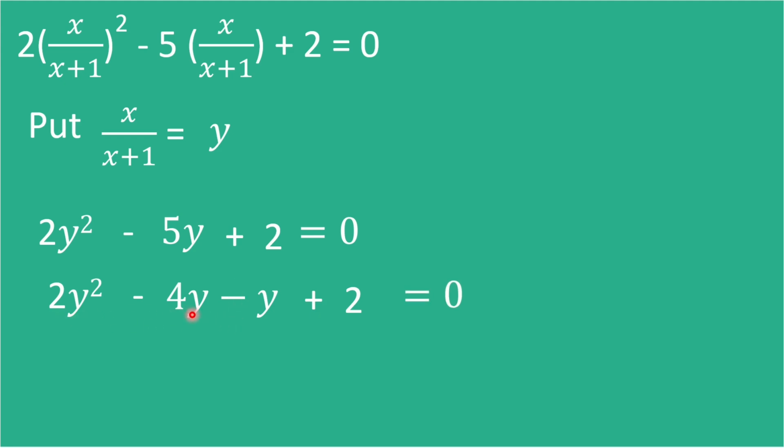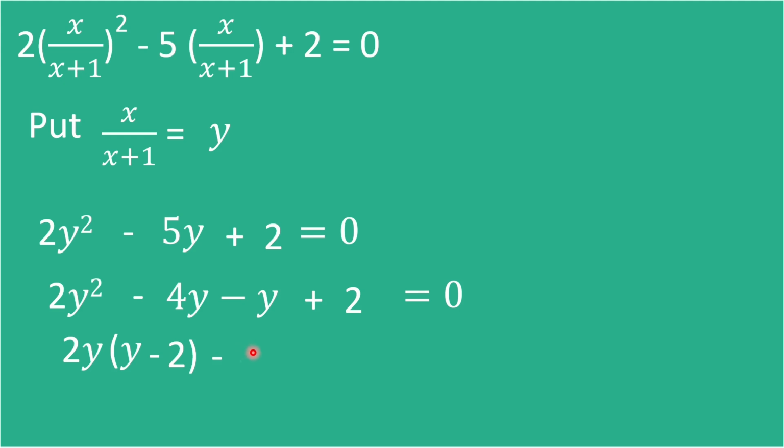Now, in these two terms, we can take 2y as a common factor. After taking 2y as a common factor, here we have y, and here 2. So y minus 2, and then minus, and look over here, y plus 2.